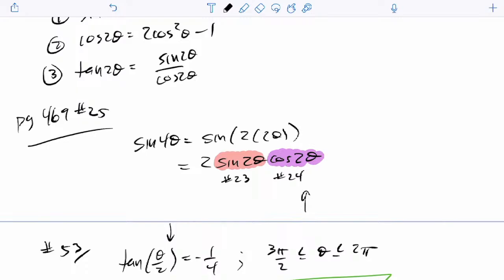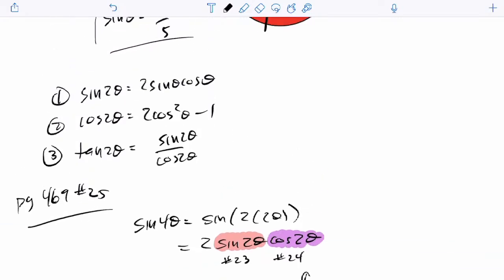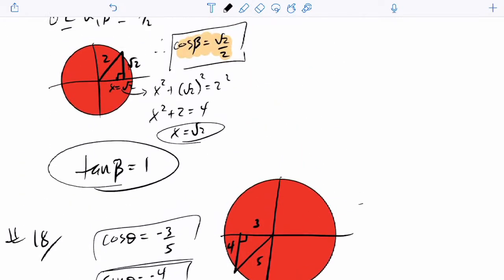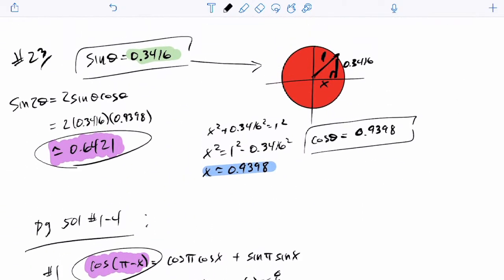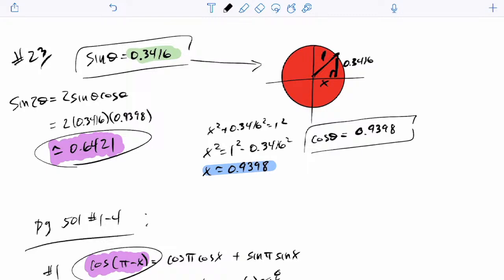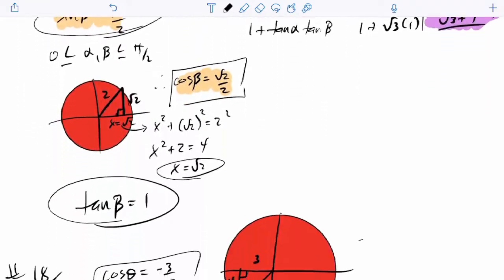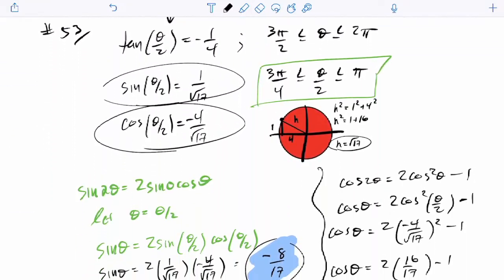to Alex's question. 23 we did. I believe we got, where the heck is 23? Oh, we got 0.9398. 0.9398, okay, for 23.